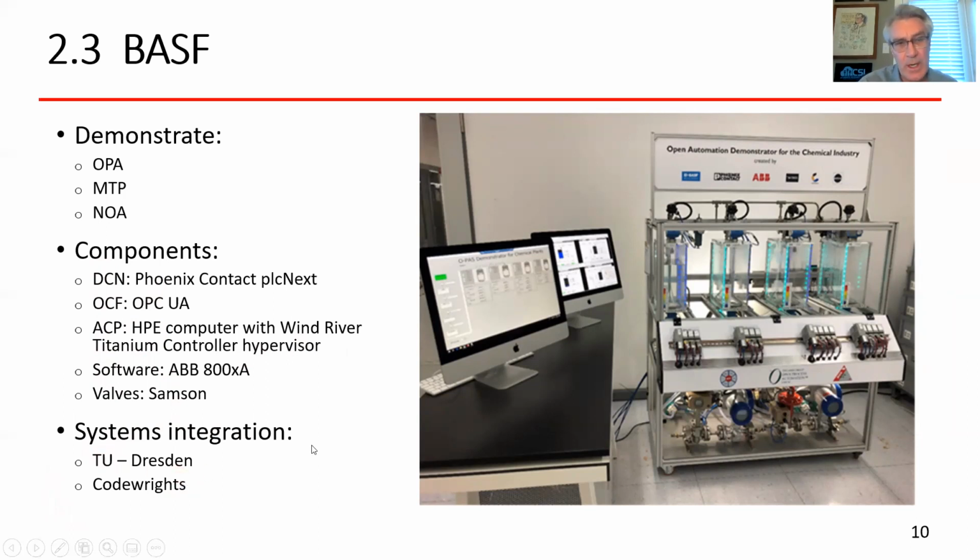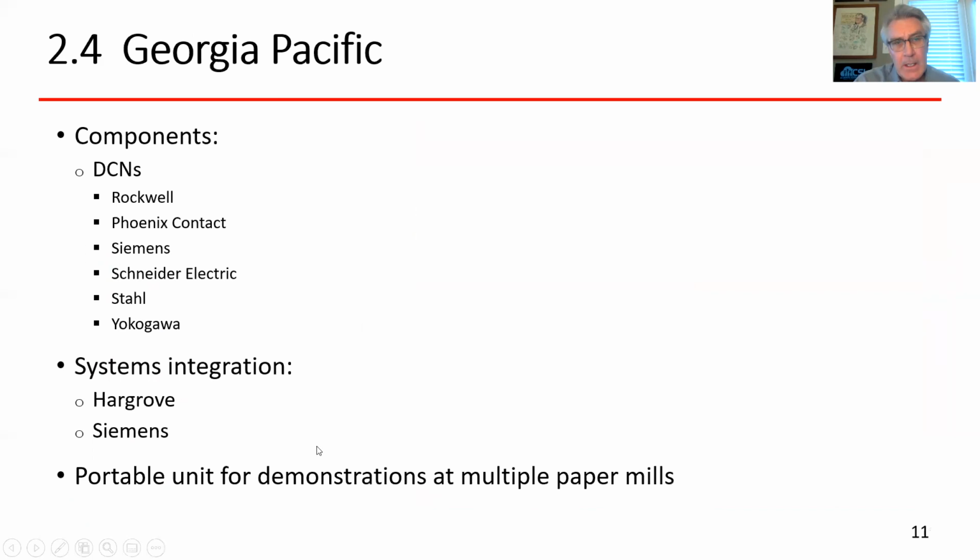Next up is Georgia Pacific's work, where this information hasn't been formally disclosed in detail yet, but there's been enough that the information I'm going to share is in the public domain. Georgia Pacific is using DCN components from the list of suppliers here: Rockwell Automation, Phoenix Contact, Siemens, Schneider Electric, Stahl, and Yokogawa.